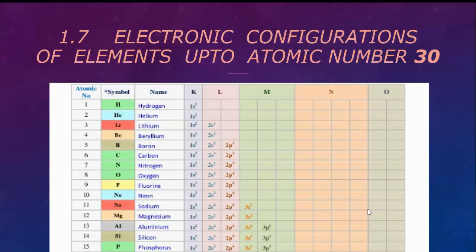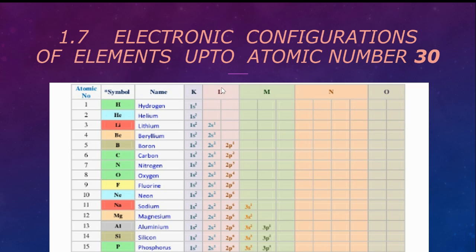Then how do we write the electronic configuration? While writing the electronic configuration, we should follow all 3 principles. This chart indicates the electronic configuration from hydrogen to phosphorus, 15. The first row indicates the atomic number, the second the symbol, then the name of the element, and then the shells.